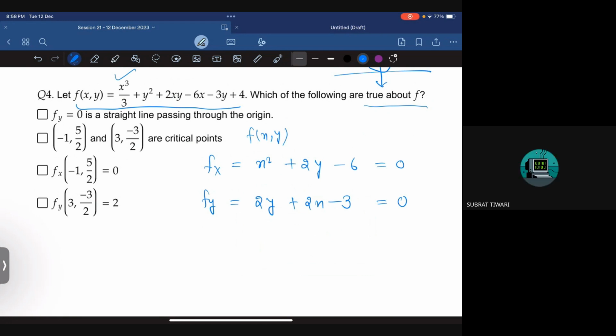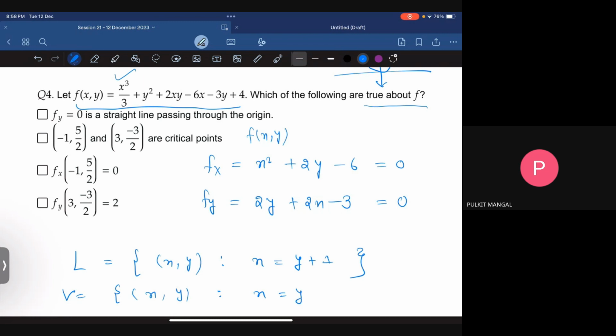Sir, please explain this affine plane that you were talking about in this question. Why is it not passing through the origin? Okay, if I'm giving you one vector space, let's say x comma y such that x is equal to y plus 1, and another space, x is equal to y.